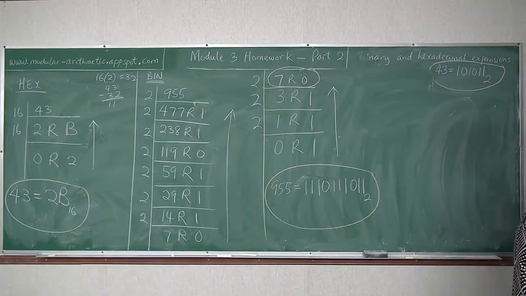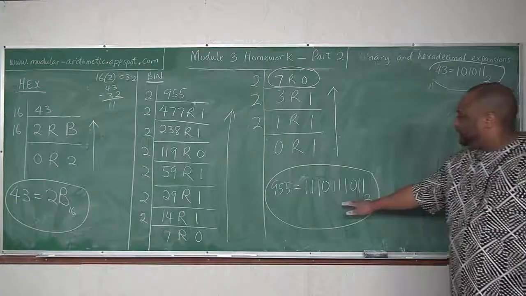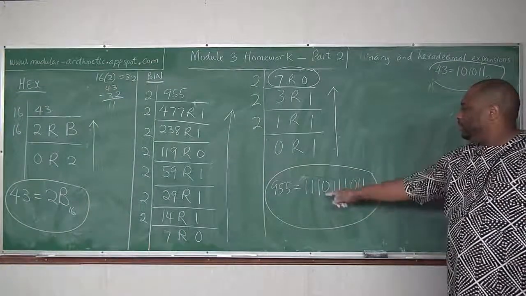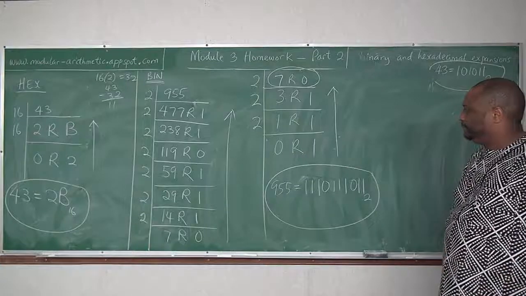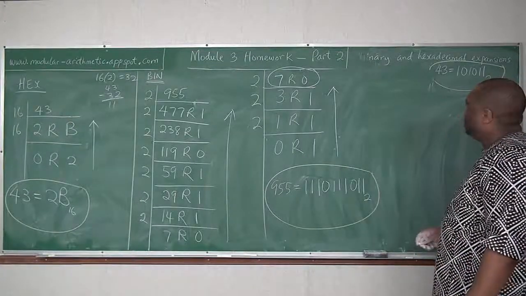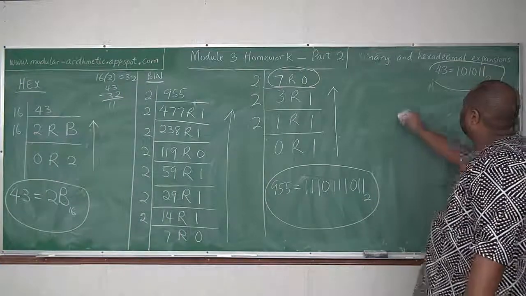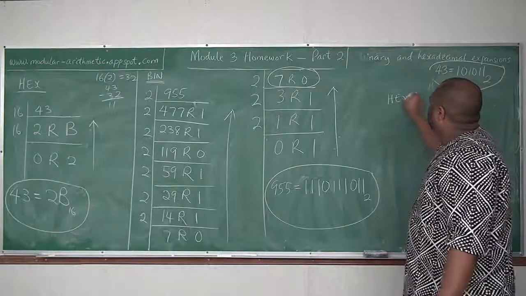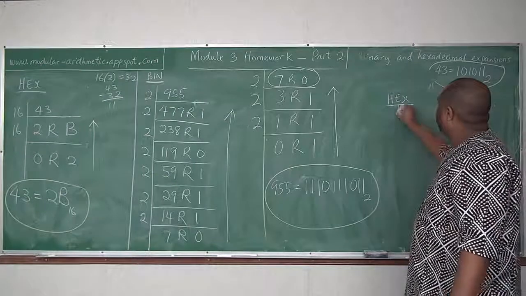And if you expand this to decimal, it will give you 955. Okay, last but not the least, let's do hexadecimal. Hexadecimal for 955.